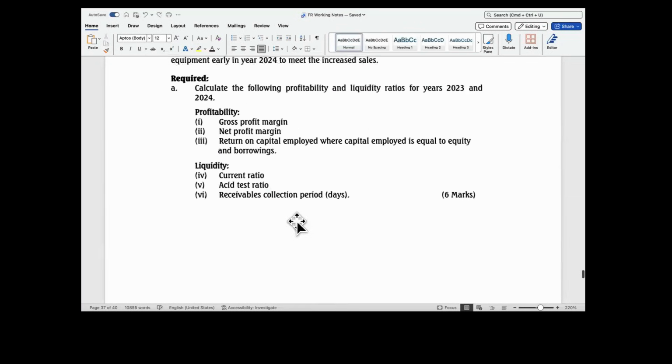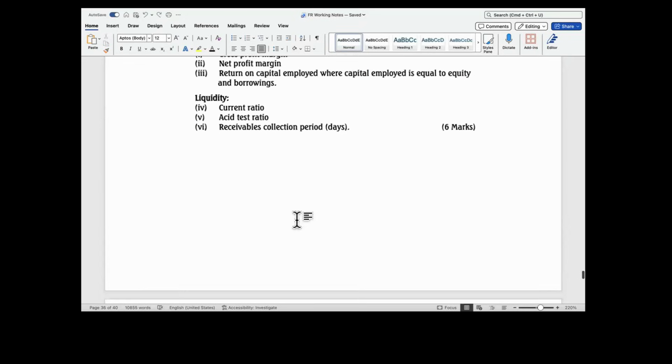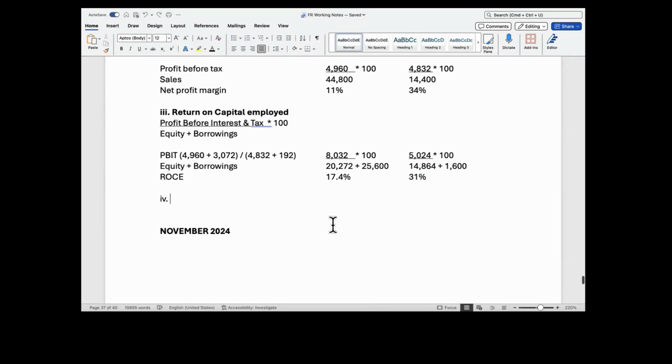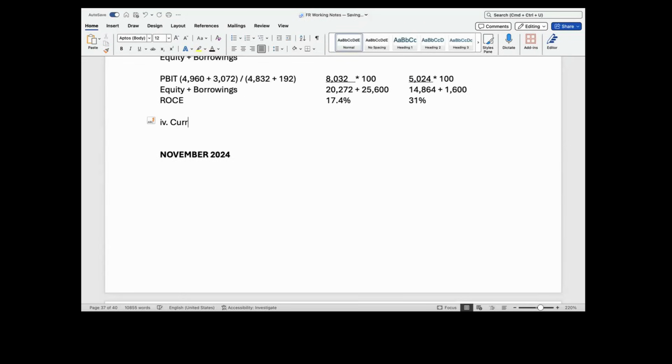Number 4, we are asked to compute current ratio. And how do you compute current ratio? You all know that it's current assets all upon current liabilities.